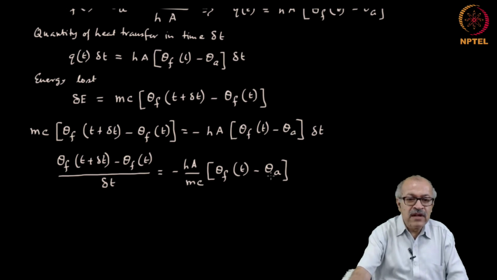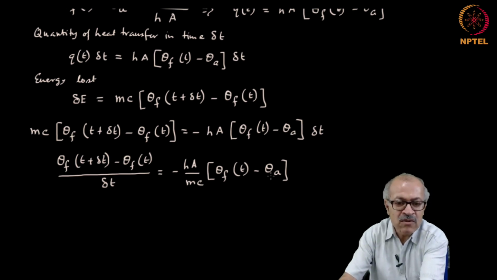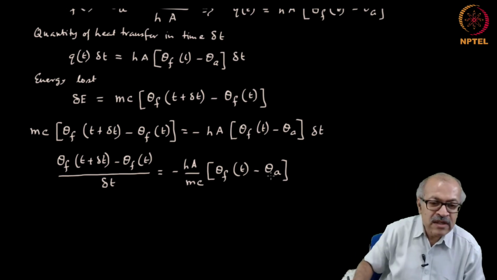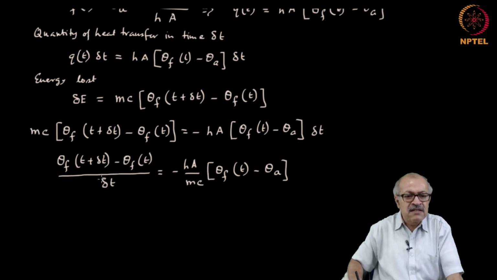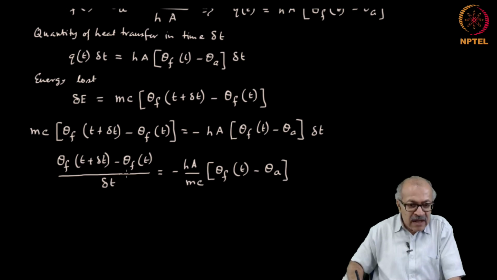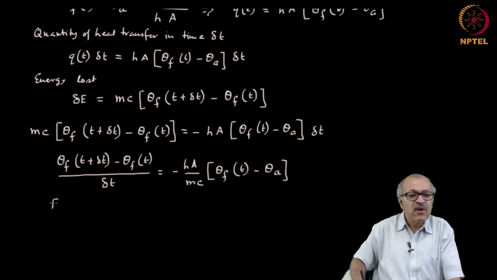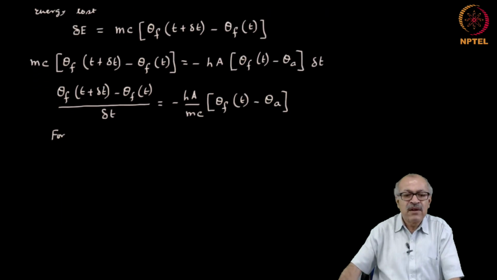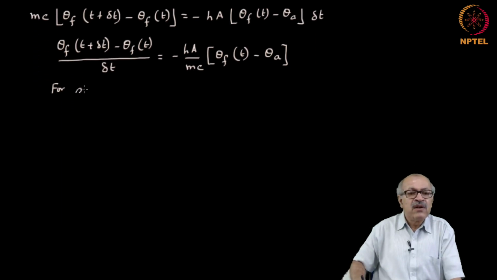So, this way we have written down an equation that almost looks like a differential equation. Only thing now we will say is that if this delta T is small, then this is actually the derivative of theta f with respect to T. So, for small delta T, this becomes d theta f by dt. So, this is the definition of the derivative.